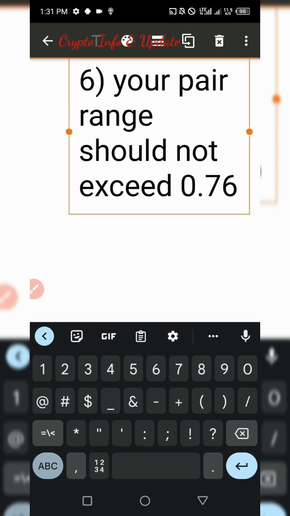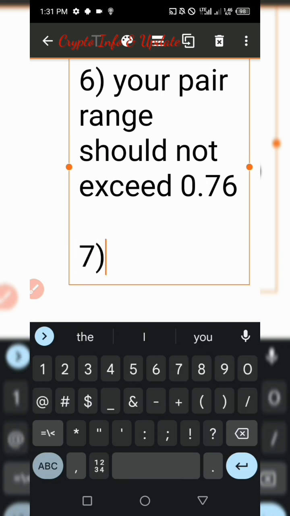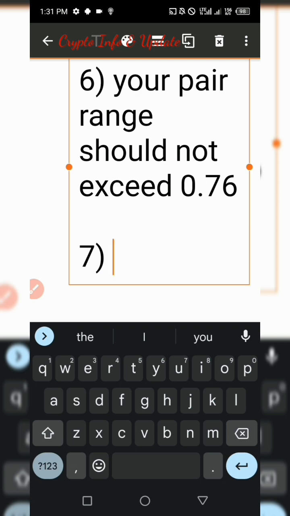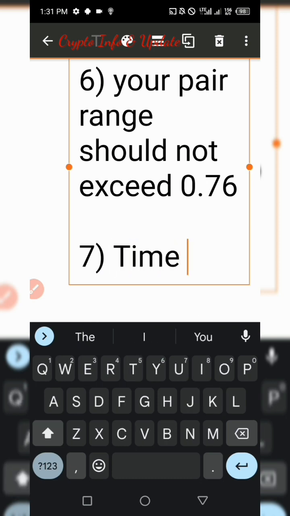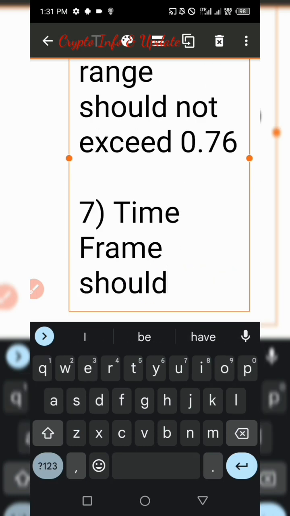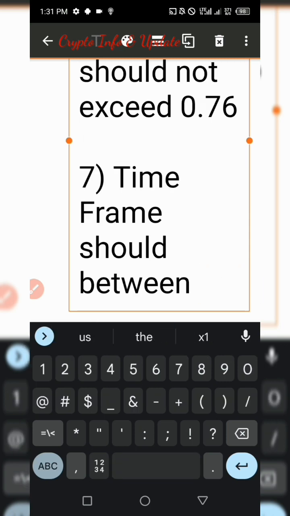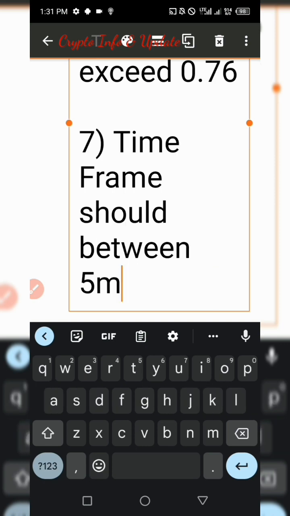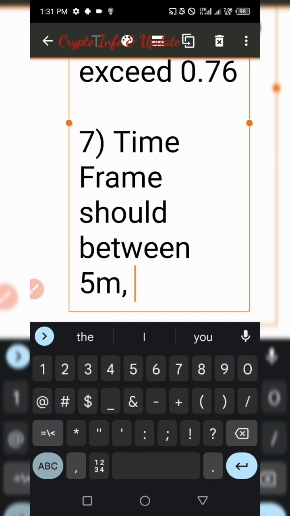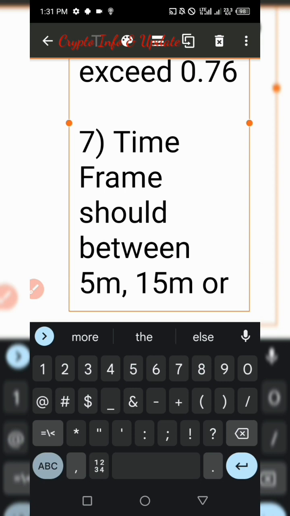Do you understand? So the seventh point, which happens to be the last point, is your time frame. Your time frame should be the 5 minutes time frame, the 15 minutes time frame, or the 1 hour time frame.